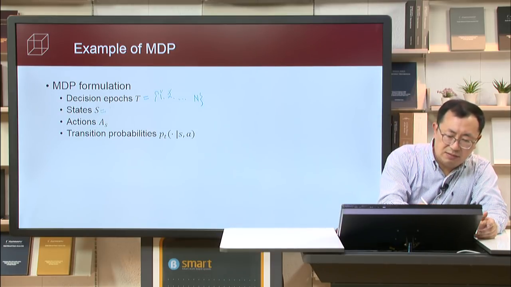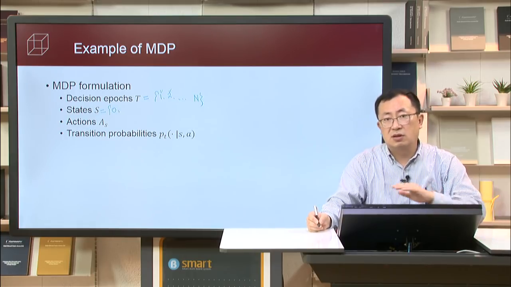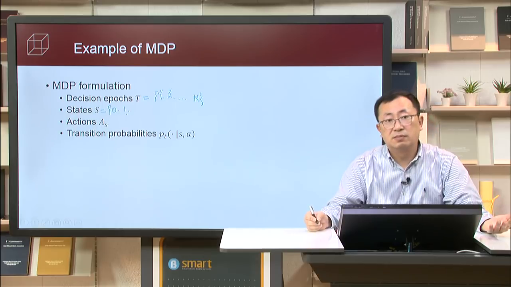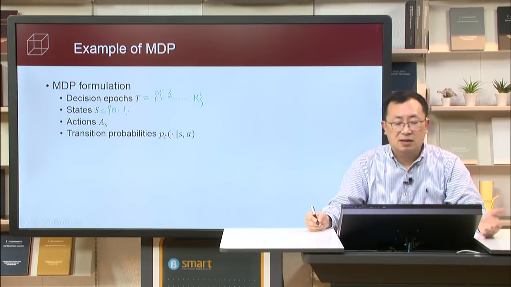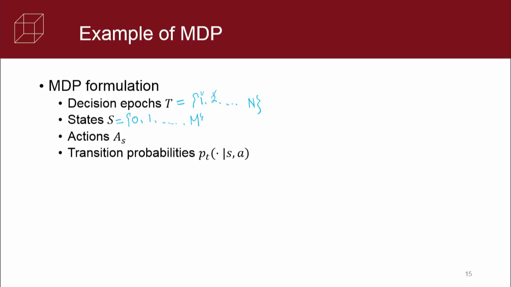I would say 0 can be possible because there may be nothing in the warehouse. 1 can be possible, and we can have M units. So M can be possible. But M plus 1 cannot be possible. Why?